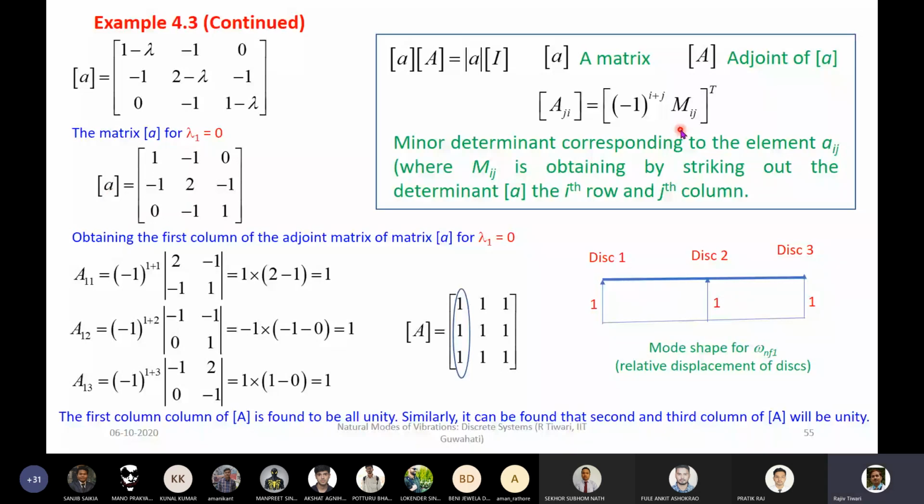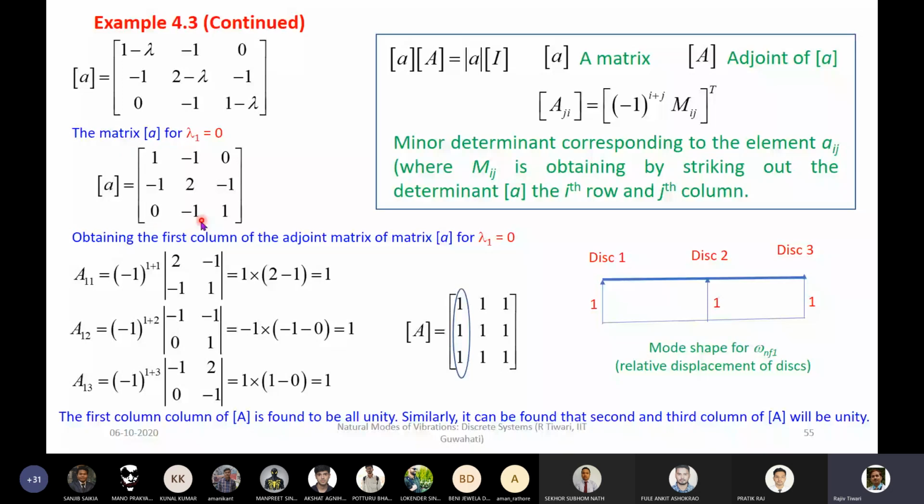Here M is the minor determinant. If I'm saying A11, that means I need to eliminate the first row and first column of the original small a matrix. So here, if I eliminate the first row and first column, I'll be left with 2, 1, minus 1, 1.